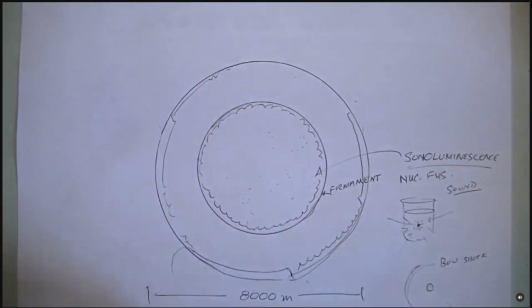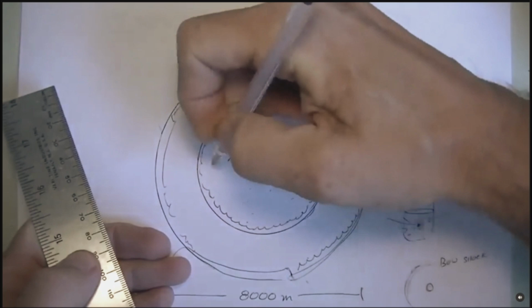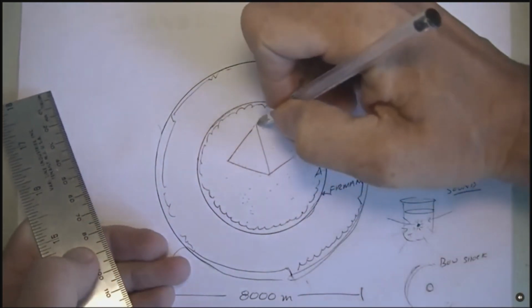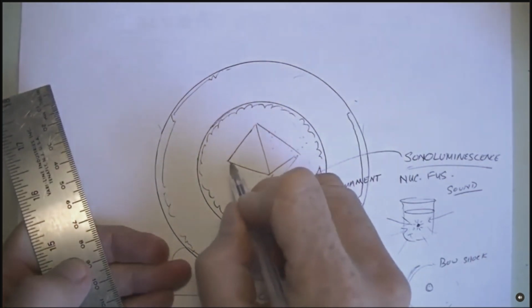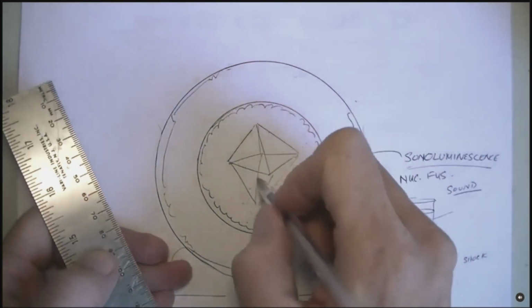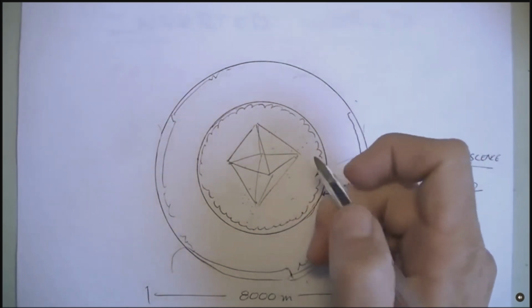And what is in the center, I'll just do it by hand, is an octahedron, okay, which is basically two pyramids turned on each other, like that, okay? There's an octahedron in the center of heaven, which is in the center of the earth.